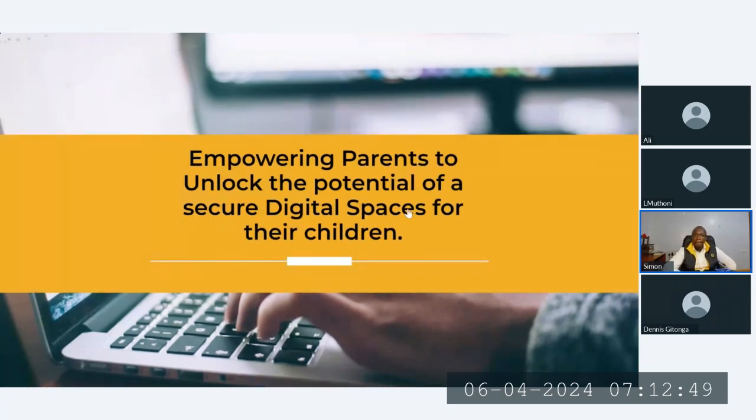We are today empowering parents to unlock the potential of a secure digital space for their children. And we all know that the core goal why we work so hard as parents is to make sure that our children succeed in life.